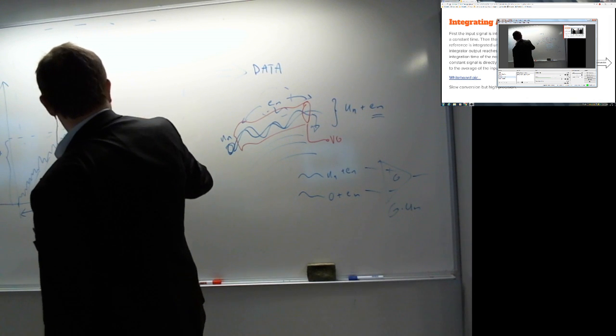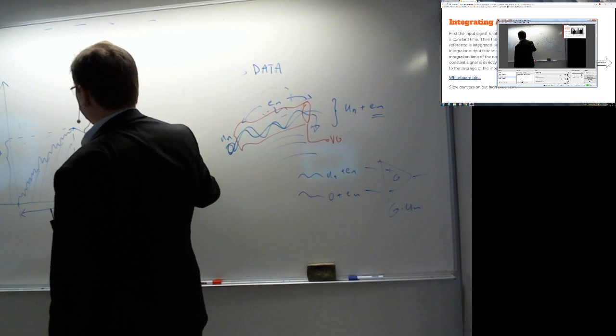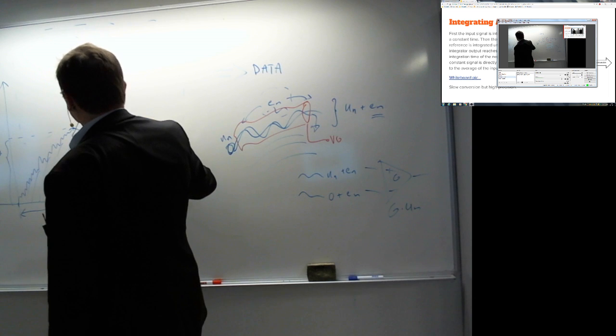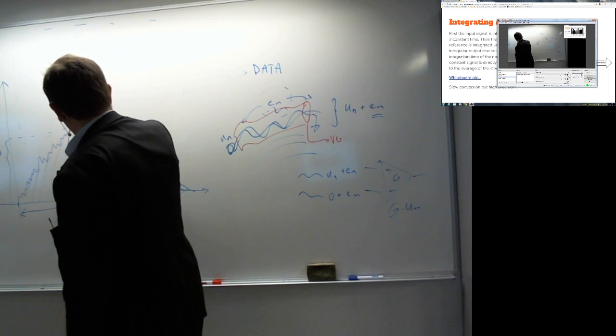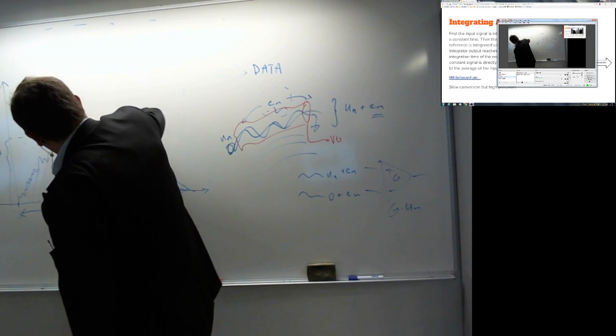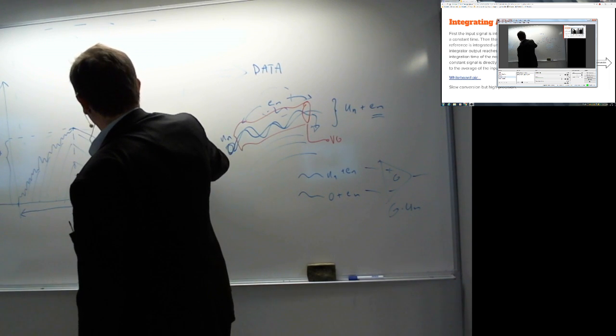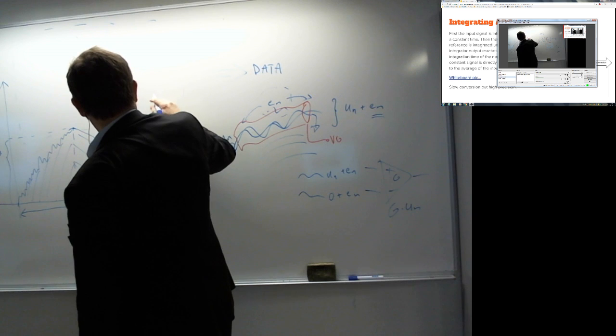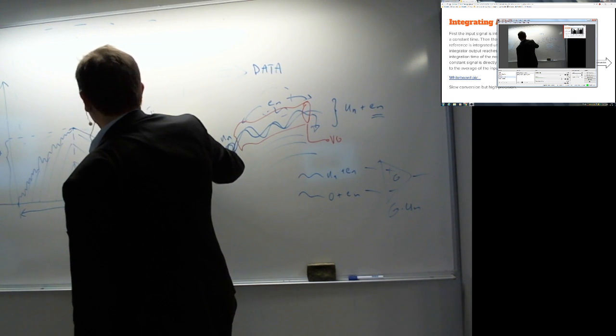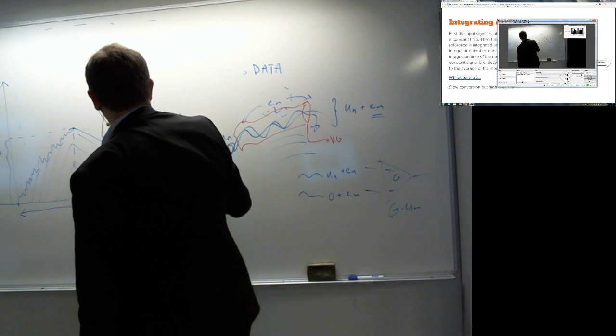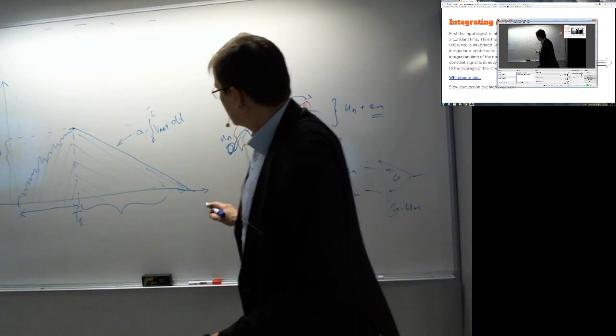So that area is proportional to the integral of the reference dt. So it's just an average reference.